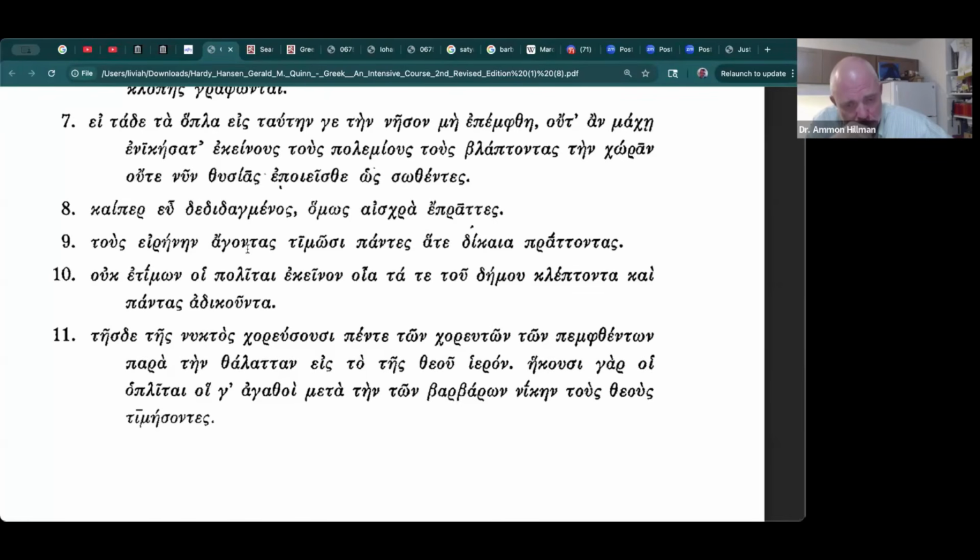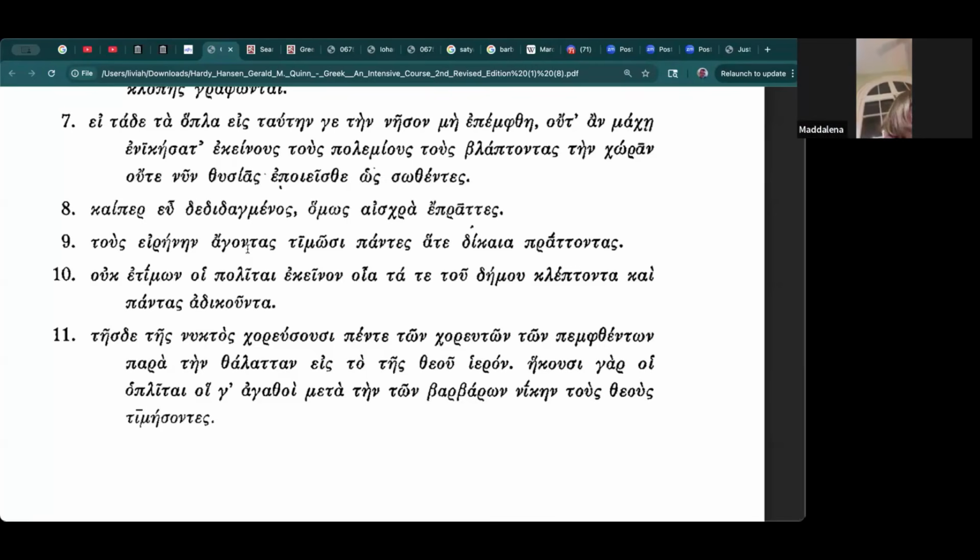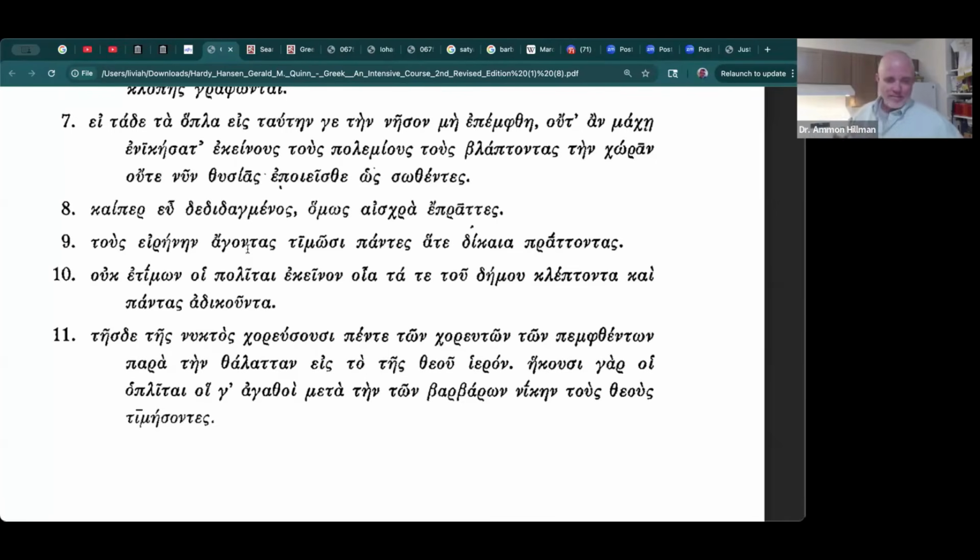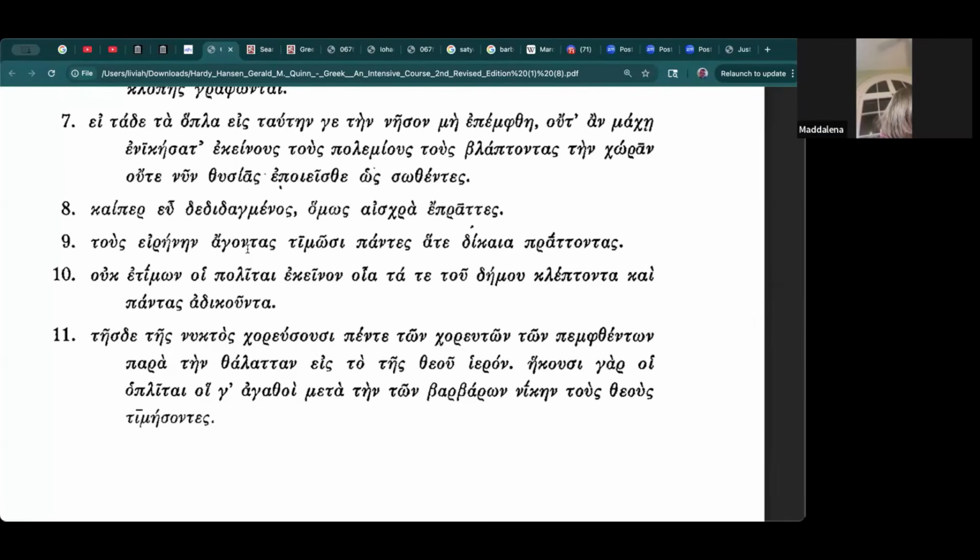What about number 9? Right under that, they're gonna give us more hate here. We're gonna have to practice the hate. I haven't figured that one out yet, but let's try it. The good peace, honor, honors all.